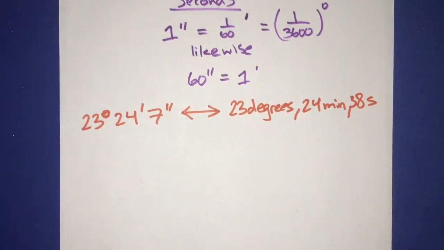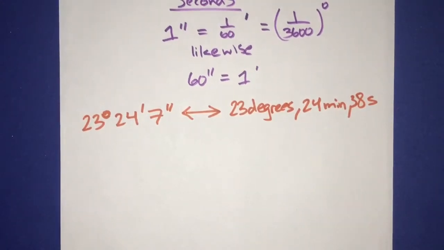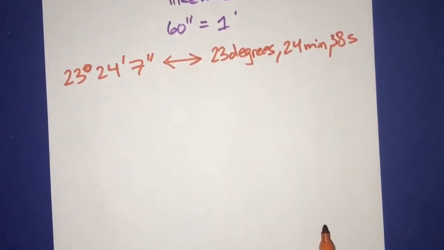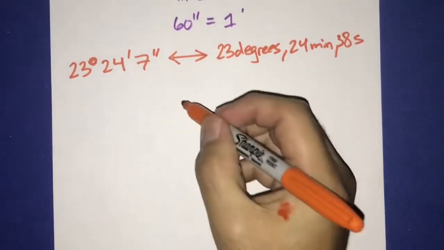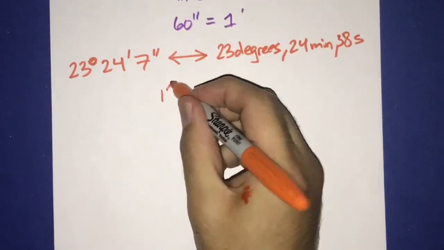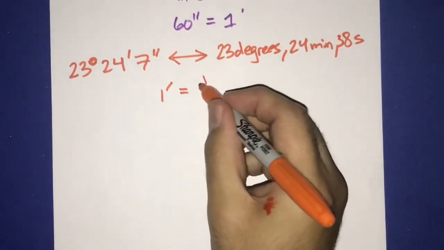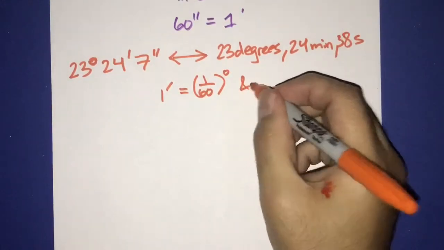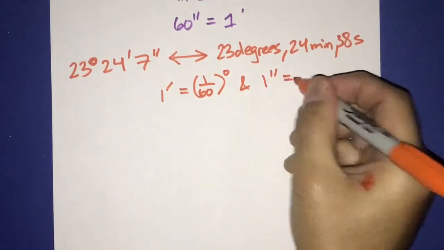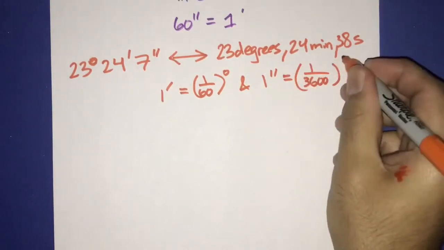And we're going to round to the nearest thousandths of a degree at our final answer. Let's write down again the conversions we're going to need: 1 minute equals 1/60th of a degree, and 1 second equals 1 over 3600 of a degree.